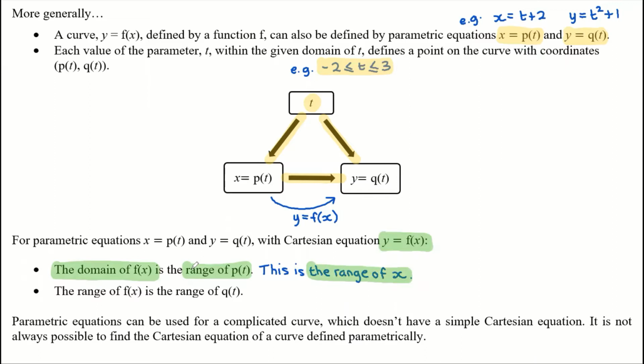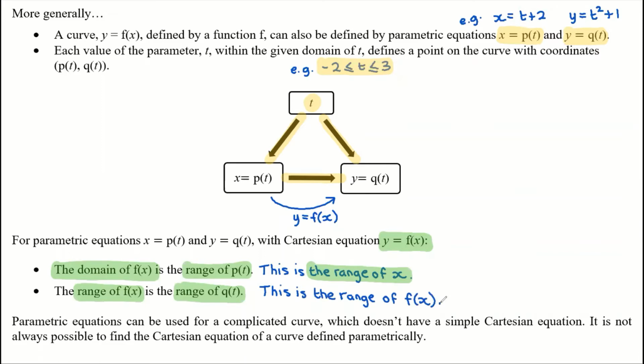Now, the second point here, we have the range of f of x is the range of q(t), because we've defined y as equal to q(t). Now, this also can be defined as the range of f of x.